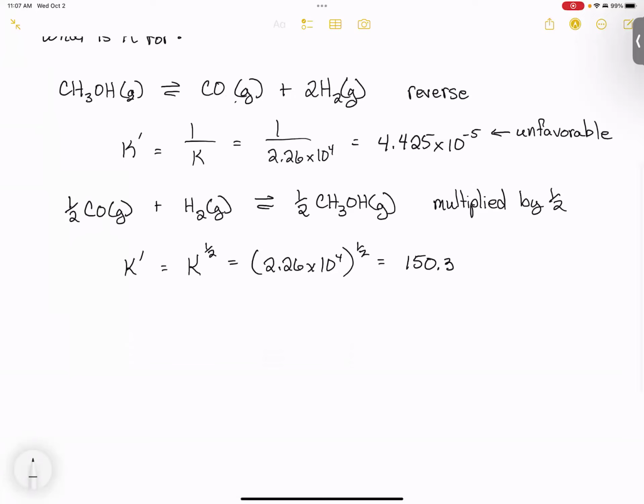Let's look at another example. Let's take 2 CH3OH gas, and let's dissociate that into 2 carbon monoxide gas and 4 hydrogen gas. So this one is the reverse of the original reaction, and it is multiplied by 2.